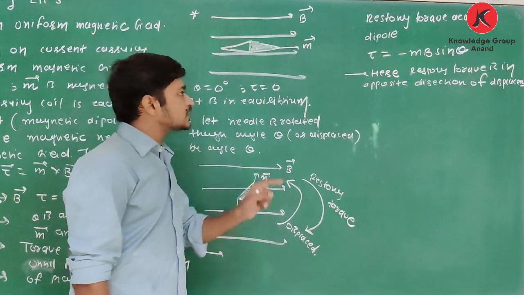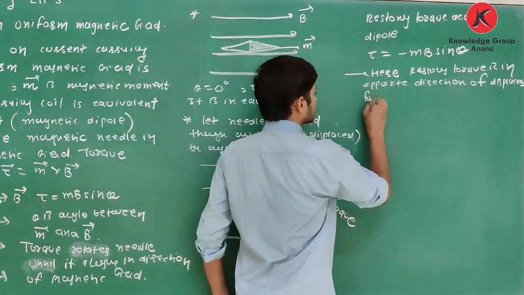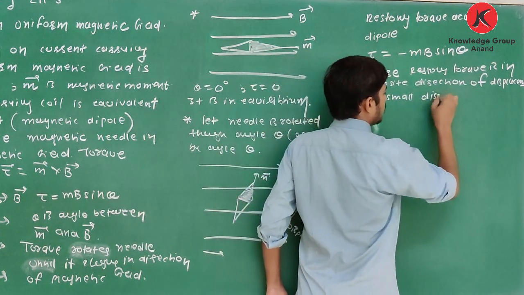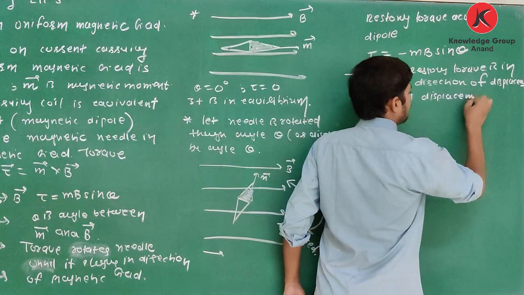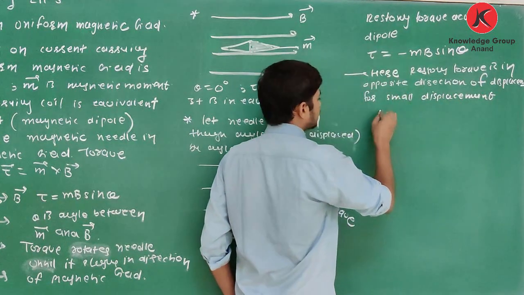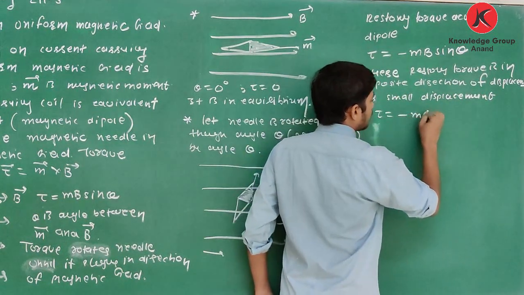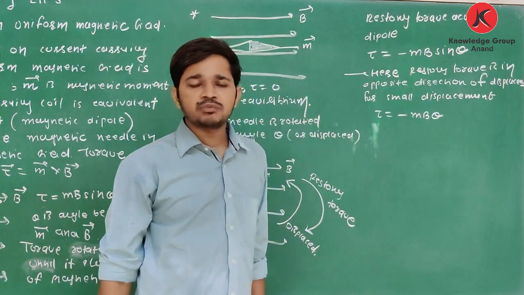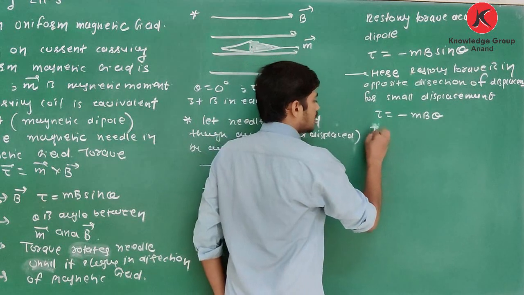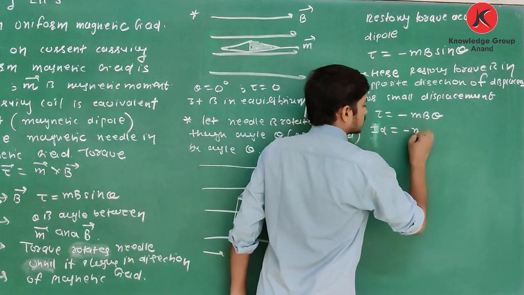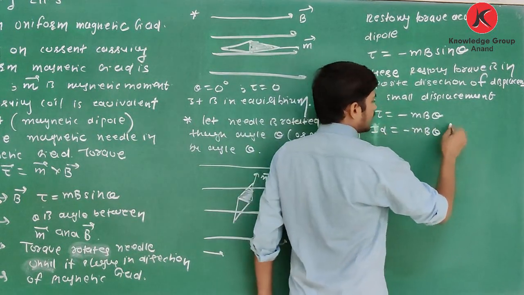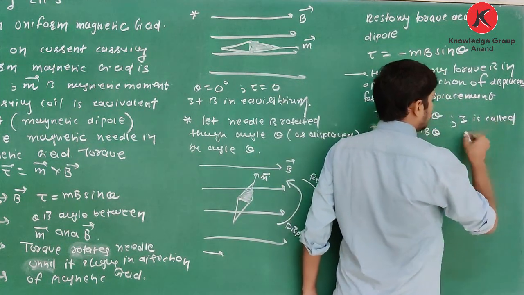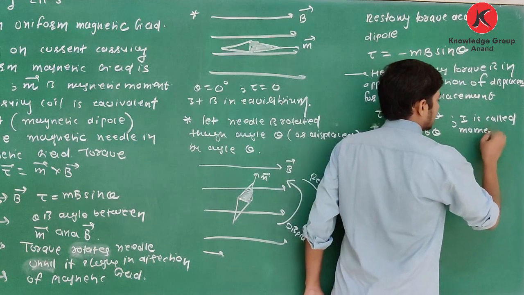Now if the displacement is small, for small displacement, I can write this equation as tau is equal to minus mB theta. Now remember in chapter number 7, rotational motion, tau is equal to I alpha is equal to minus mB theta, where I is called the moment of inertia.